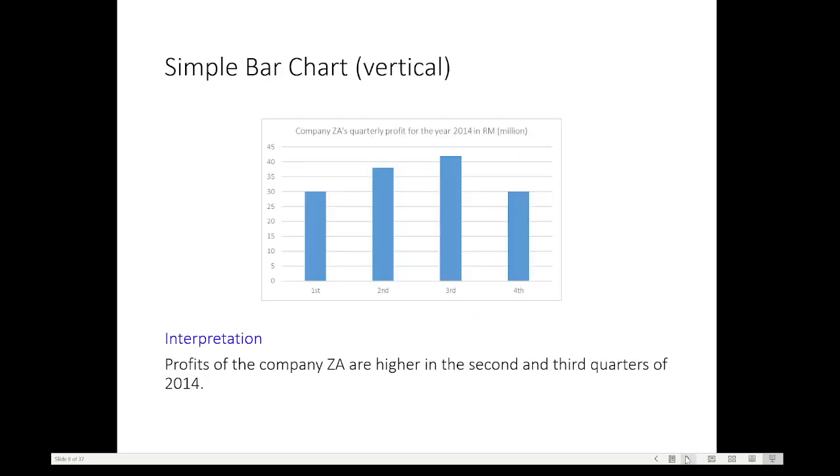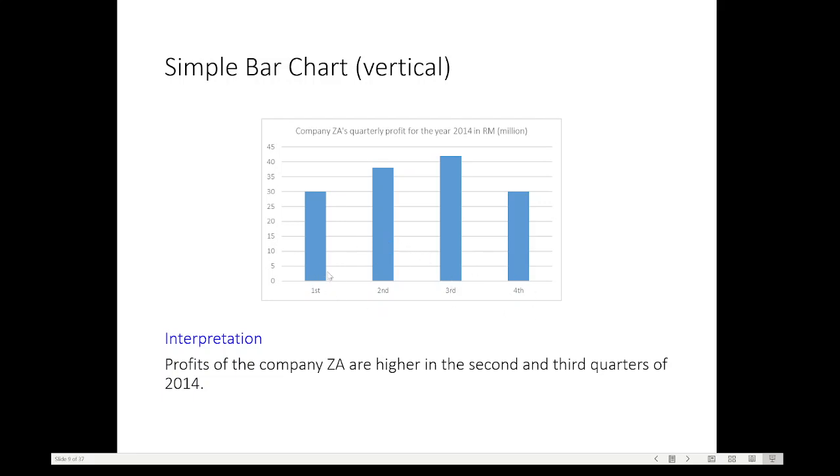Okay, so what is a simple bar chart? A simple bar chart is simply a chart presented by a separate bar for each of the categories. In this situation, for a vertical bar chart, the height of the bar represents the frequency of each category written on the x-axis.